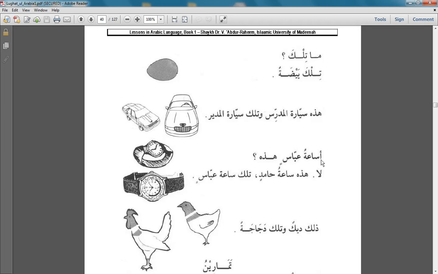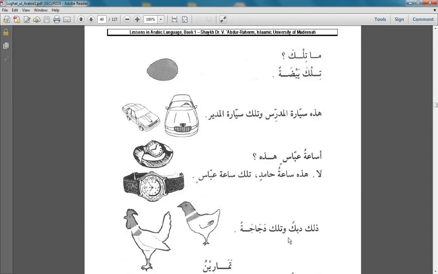So is this Abbas's watch? لا. هذه ساعة حامد. Again مضاف and مضاف إليه. حامد has a kasra because it's مضاف إليه. No, this is Hamid's watch. تلك ساعة عباس. That is Abbas's watch.